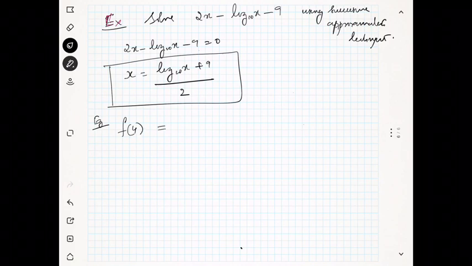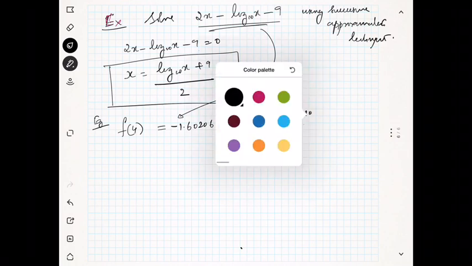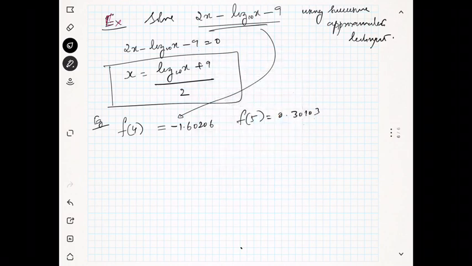If I find f of 4 in this equation, then you will be getting it as minus 1.60206, and f of 5 I can get it as 0.30103. Okay, now the initial solution, since this is a smaller number, even though it is negative, and this is a positive number, we will take the smaller value. That means we will consider initial solution x0 is equal to 4.